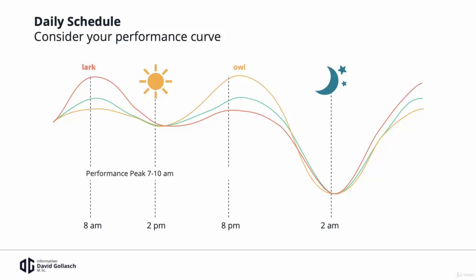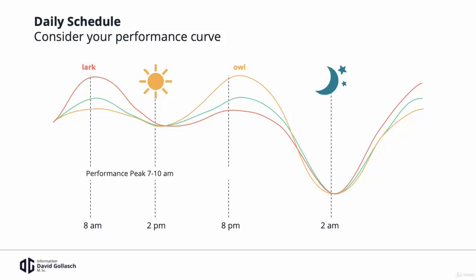Basically, every human has some peak performance moments in a day, or peak performance intervals. So one of them is the morning time. Around 8 a.m. most people have a performance peak. So during the time of 7 till 10 a.m., so around 8, there is a performance peak.